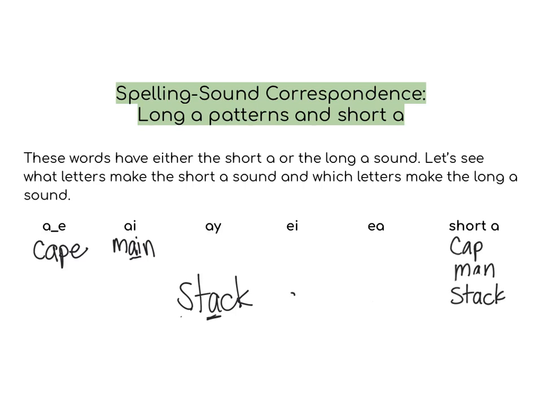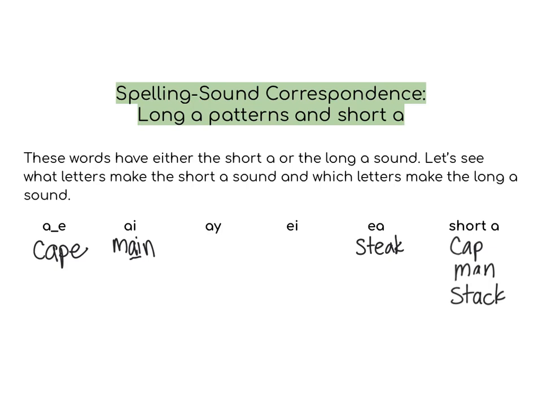Let's look at the word steak. You hear the long A sound, and this time the EA are the letters, the vowel combination that makes the long A sound. So I'm going to write steak right here.